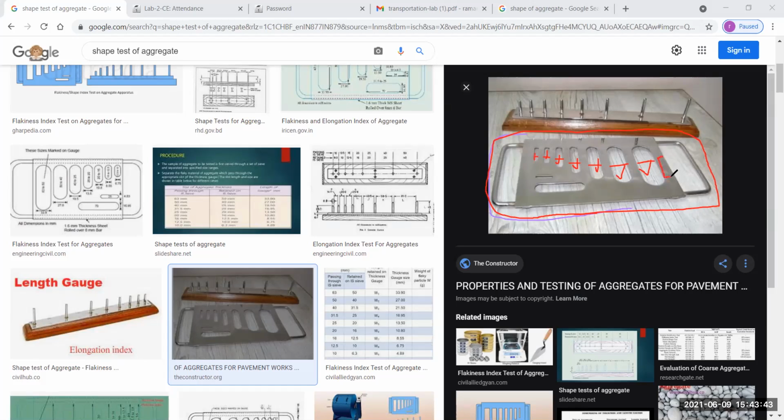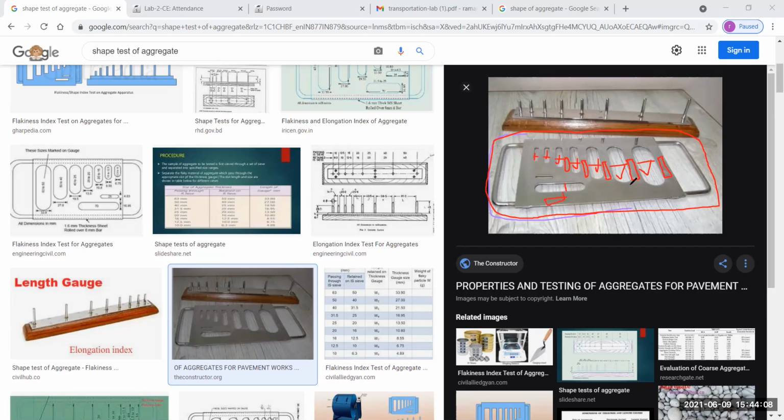I think in this figure the number is not given, but in actual gauges the number is given.